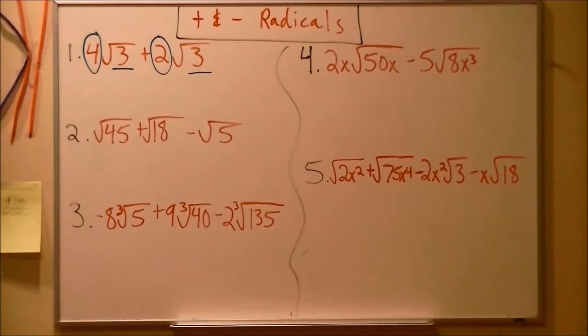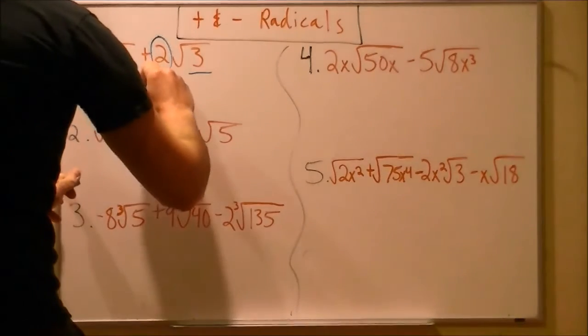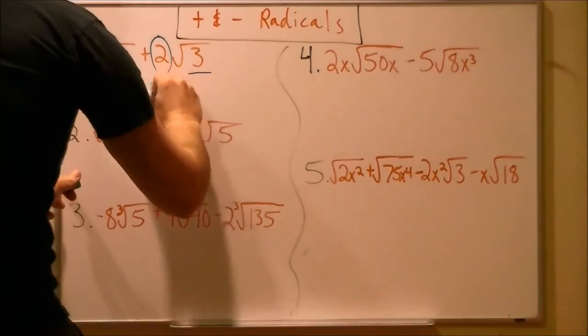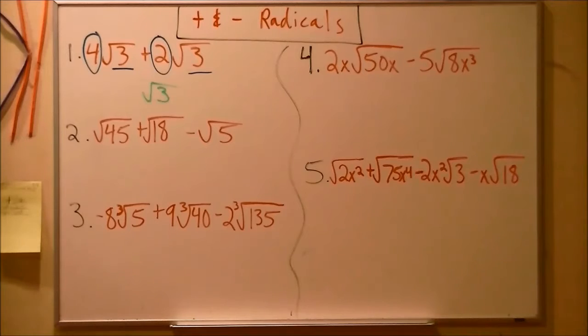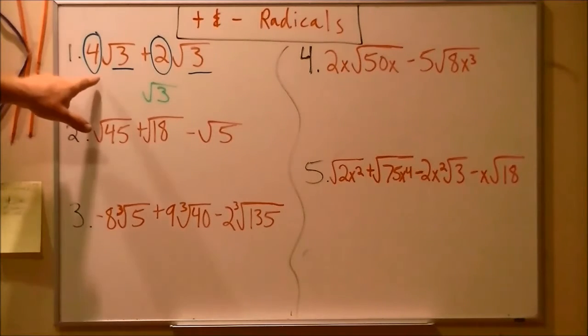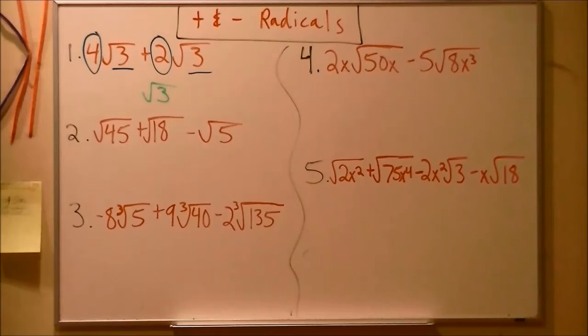And I'm going to keep my base, which is a square root of 3. Okay, I keep my base. That's like my variable to a power. That's like my denominator in fractions when I'm adding and subtracting. And now all that I do is add or subtract, in this case add, the two numbers that are in front of that square rooted term.